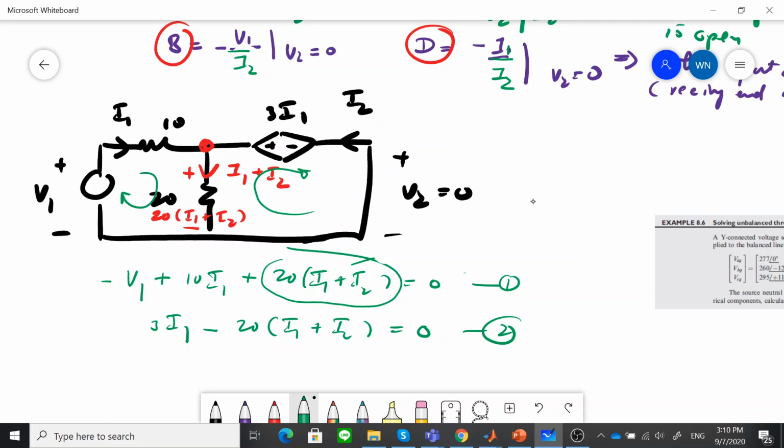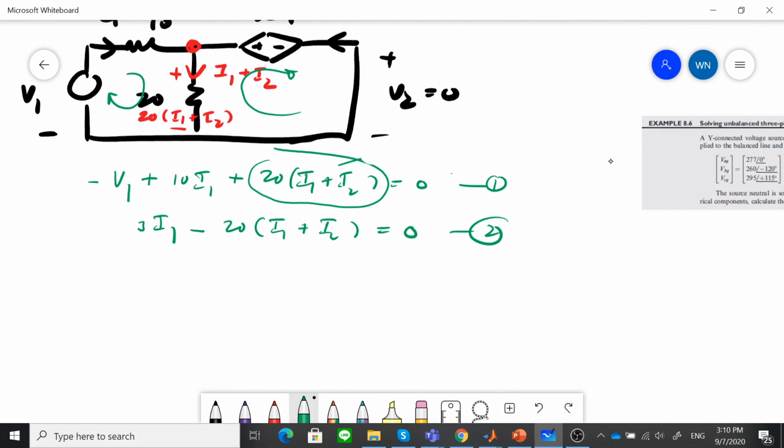So you have to change from equation 2. In equation 2, we have to write the relationship of how much I1 is in terms of I2. So this is minus 17 I1 minus 20 I2 is equal to 0.